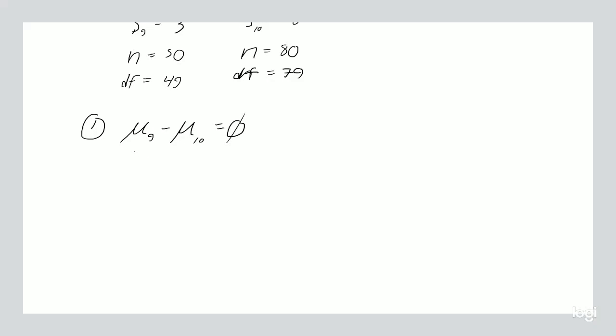No difference between the two. The other will say that the difference between the two is not equal to 0. And of course, the first is our null hypothesis. The second is our alternative hypothesis, because that null hypothesis has to have that equality.